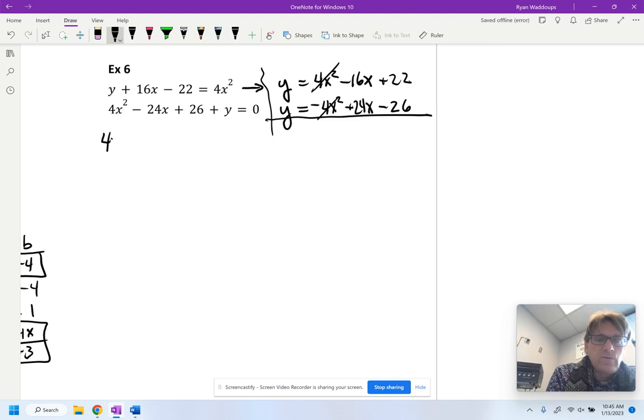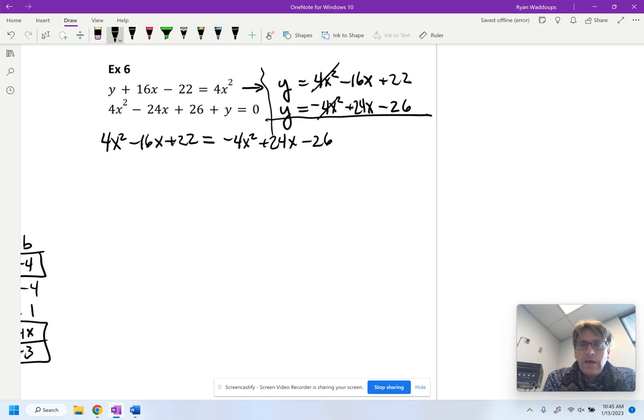So I've got 4x squared minus 16x plus 22 equals negative 4x squared plus 24x minus 26. And now I'm going to solve this equation and see what I get.